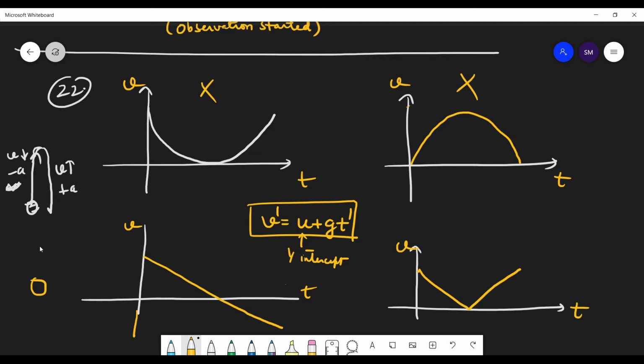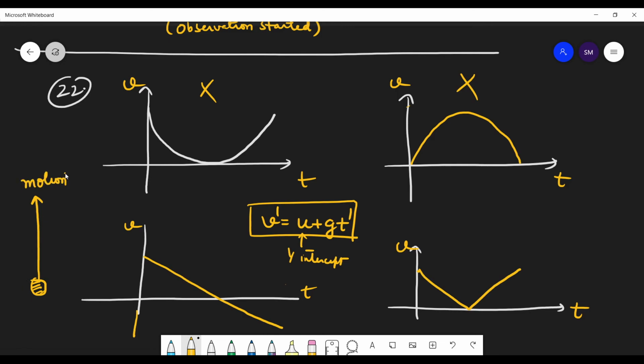See, we have discussed it earlier also, in lecture number 1 or 2. When the ball is moving up, that is the direction of motion.